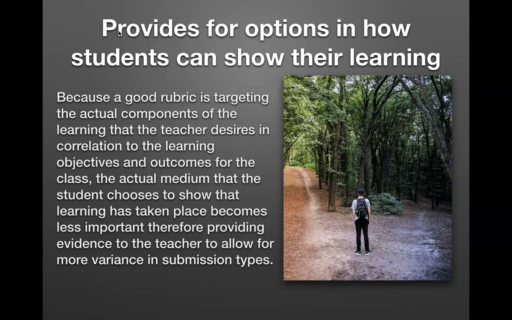or objective is. And so as the components of the learning that the teacher makes for the objectives and the outcomes for the class, then the medium that the student chooses to show that learning has taken place becomes less important, therefore providing evidence to the teacher to allow for more variance in submission types.